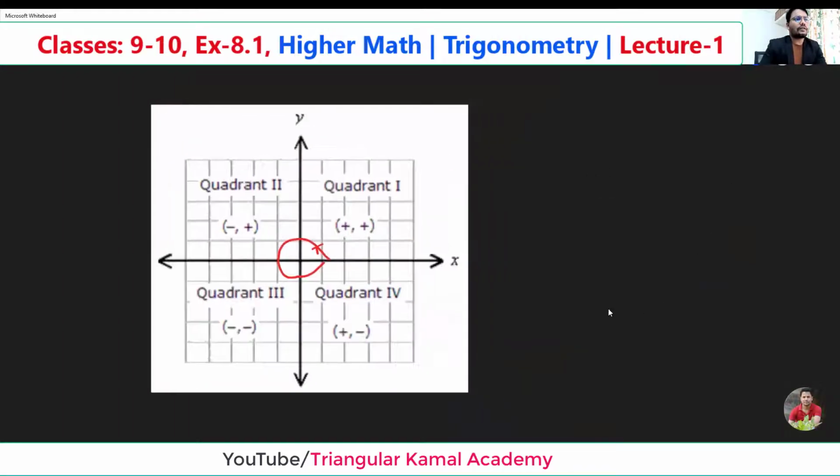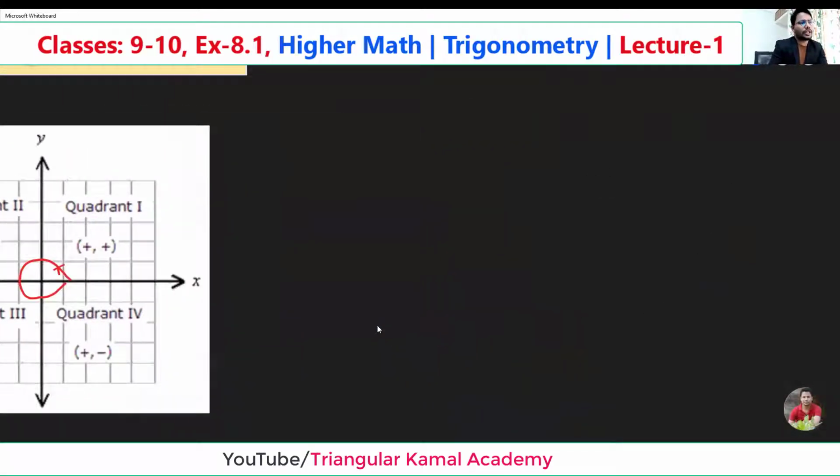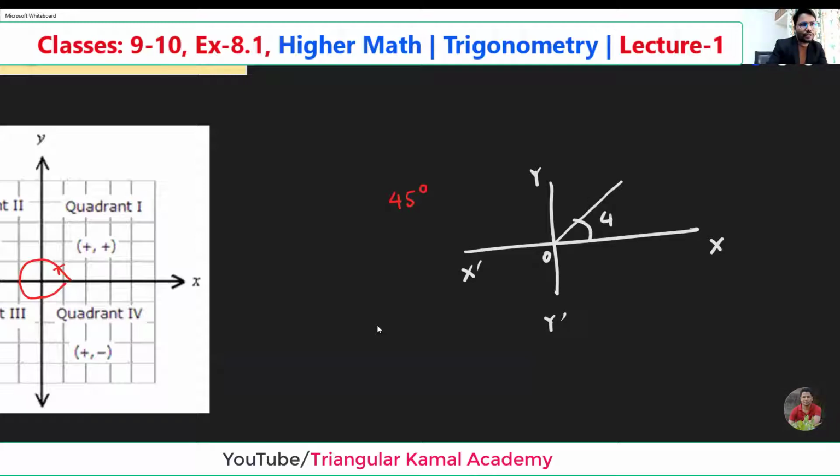Now if we are asked to draw a 45-degree angle, then in the quadrant system we have to start counting from the positive x direction. This is y and this is y prime. If we start the counting, this is the 45-degree angle.